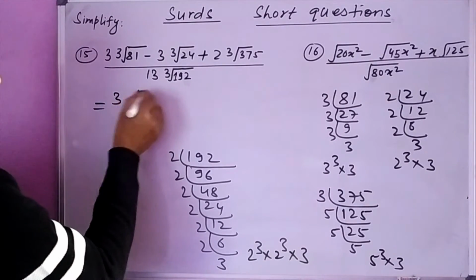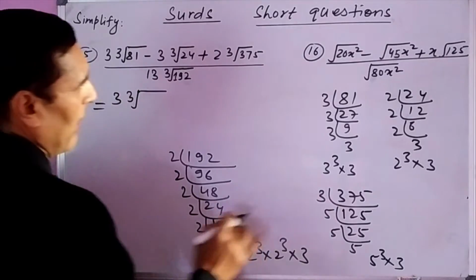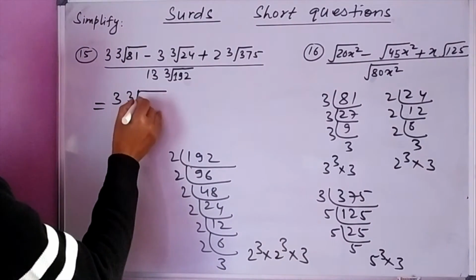3 cube root of 81. We write 3 cube into 3 for 81.